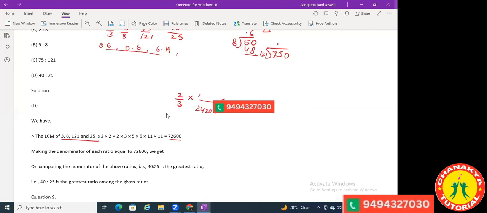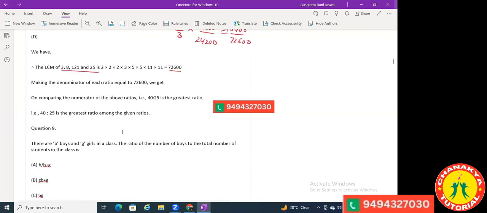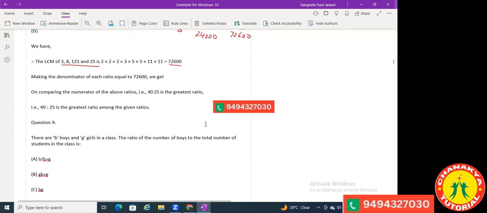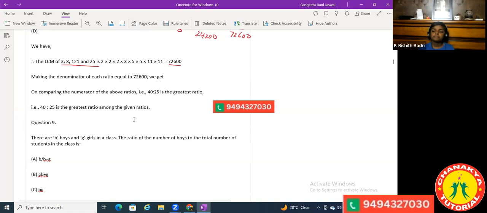These are some big numbers. So whatever you get in the numerator, you have to just compare them. For every fraction you will get some numerator, then just compare the numerators. Whichever you get as the highest numerator, that is the greatest ratio.